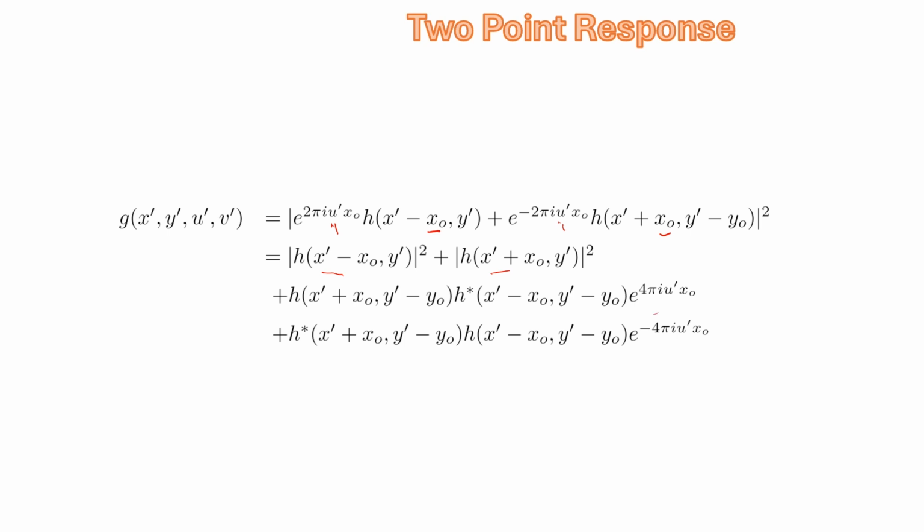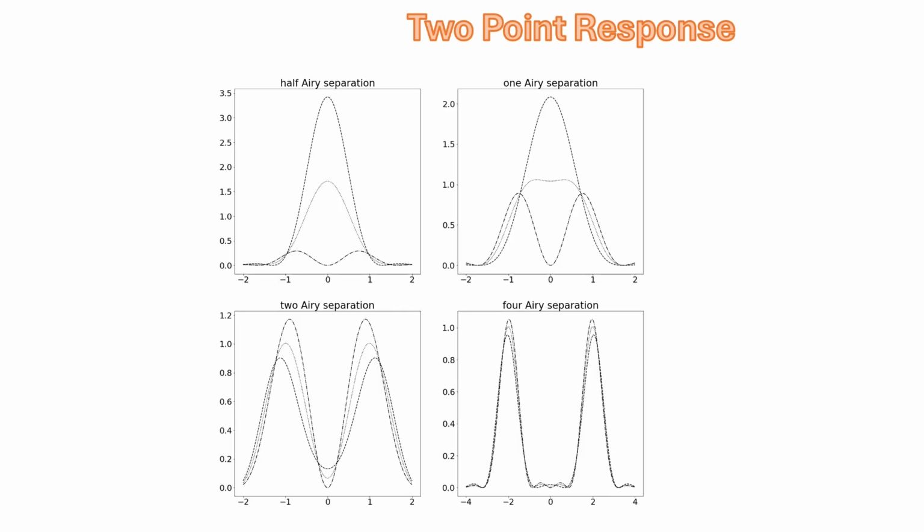So in the GitHub repository, there's a notebook looking at the irradiance that you would measure for two impulses imaged through Fourier ptychography for various impulse separations. Here at the upper left, we're assuming that the two impulses are separated by half of the Airy separation.